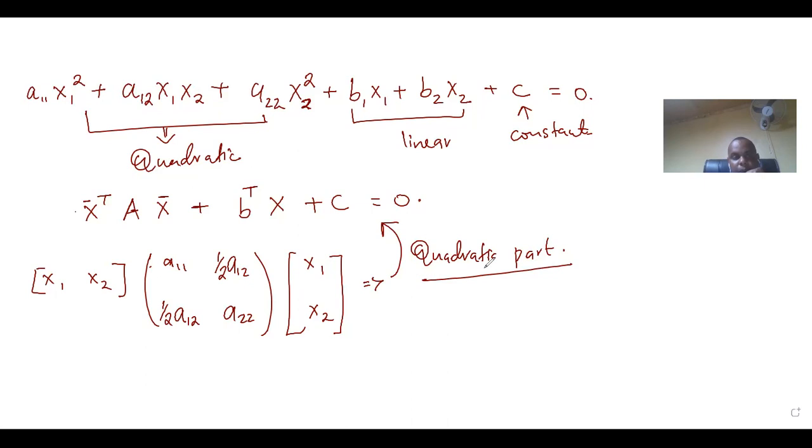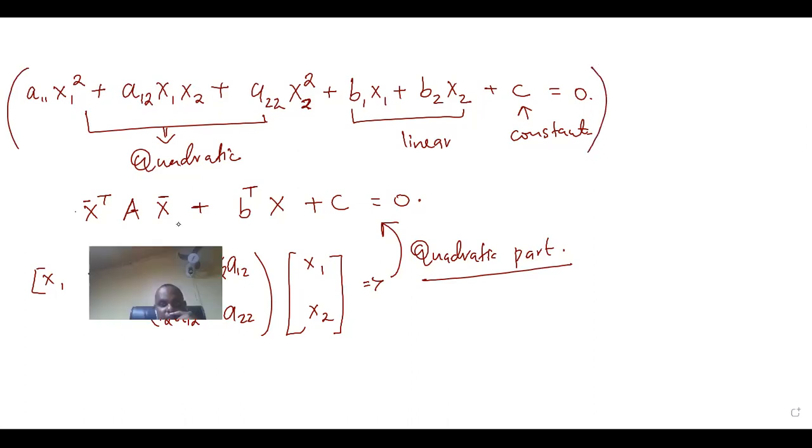Now, looking at this form of the conic, how do you know that it's going to be a parabola, a hyperbola, or what? We must have some conditions, because this is just a conic, right?